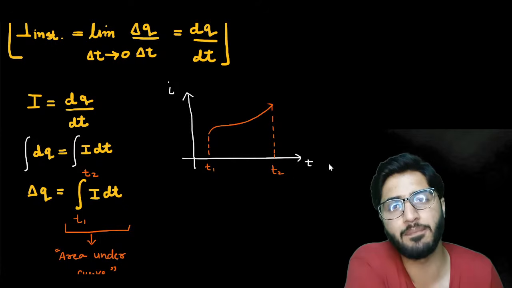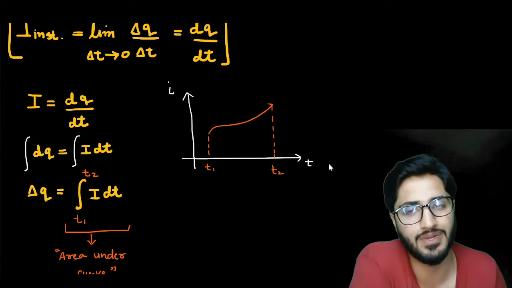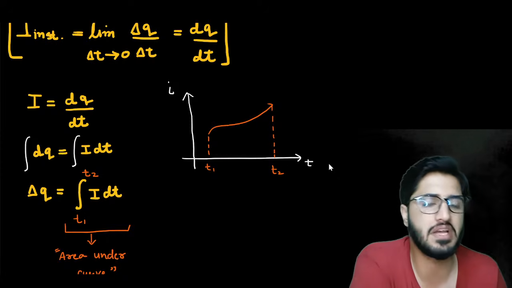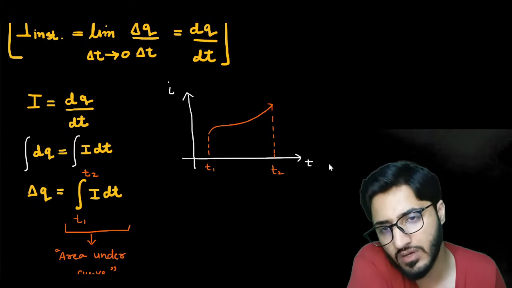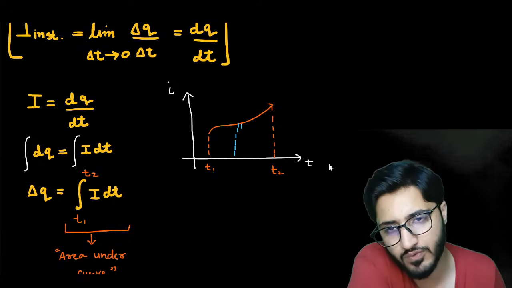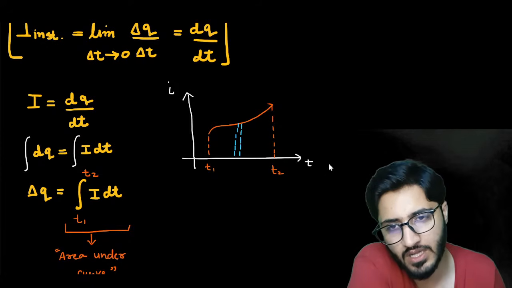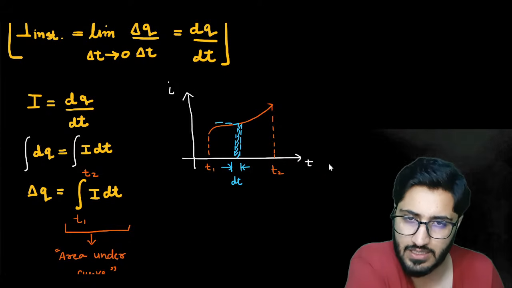Now it is very complicated, so we cannot get its area directly using any formula, trapezium or any formula. So how can we get it? I will take a very small strip of this one. The width of this strip would be dt, and its height, let's suppose, is I.